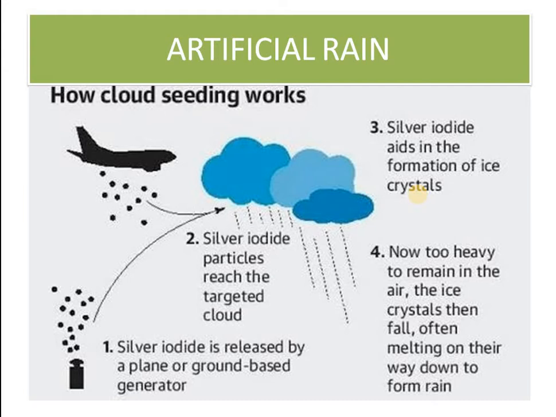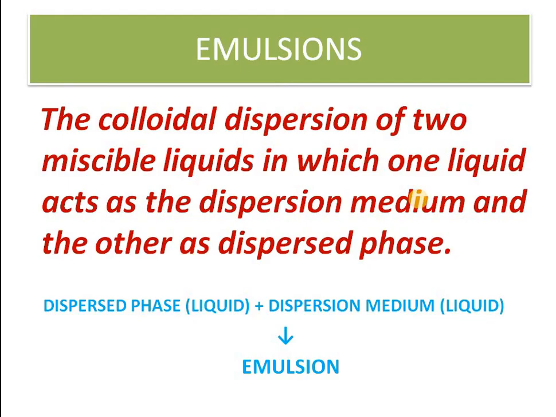See, silver iodide is taken on the plane and sprayed over the clouds, and there would be formation of ice crystals, and they may be too heavy, so they will come down in the form of ice crystals or in the form of rain. So basically charge neutralization, an adsorption phenomenon, is taking place.